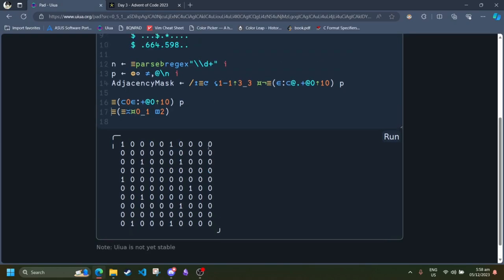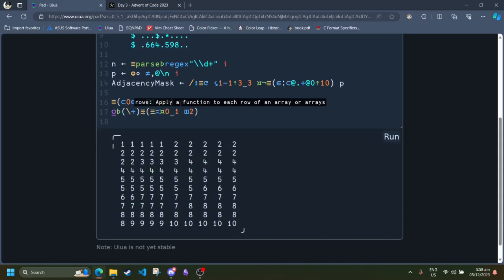Is this actually the array that we want? Let's see. Now if we deshape this under this shape, then we do a scan sum. Yeah, scan sum. This should give us a progressive index.